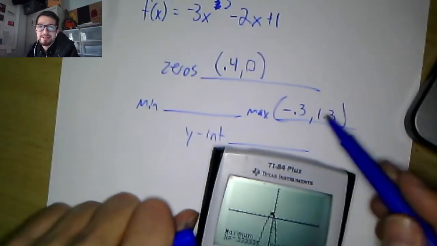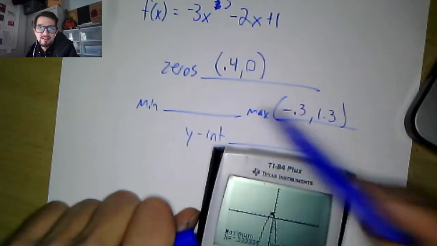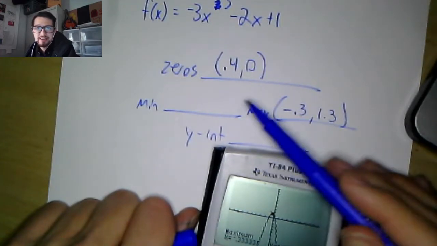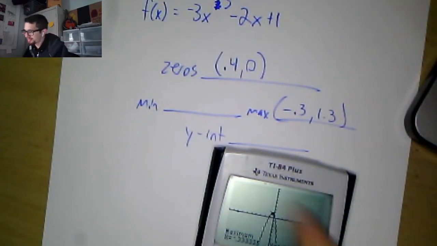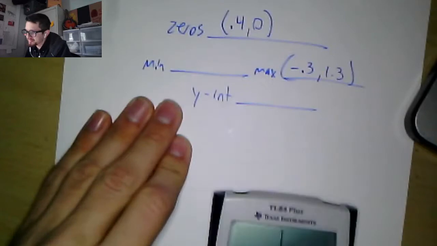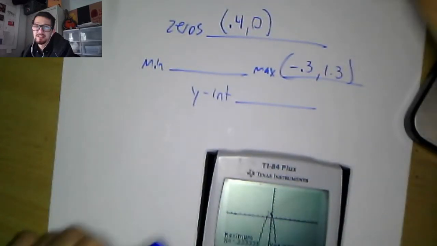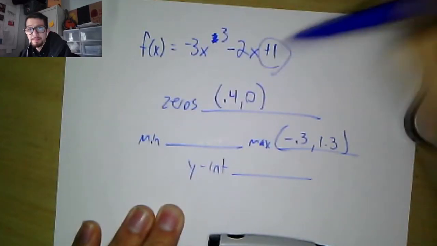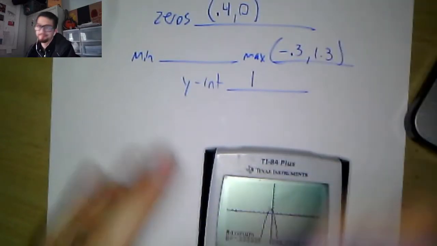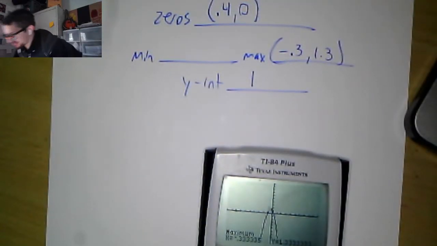Yes, you must write it in ordered pair format with parentheses. And yes, it will be counted off if you write that it was a minimum and not a maximum. So make sure to be specific with that. Y-intercept is super easy to find because it's literally right here. 1.